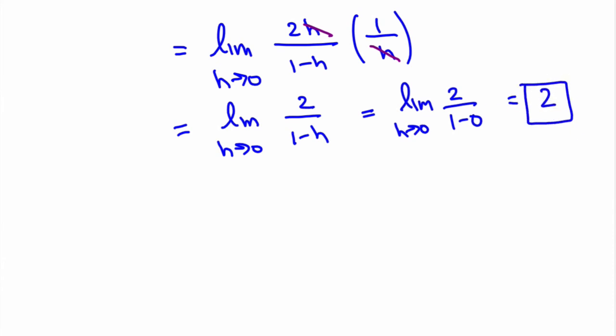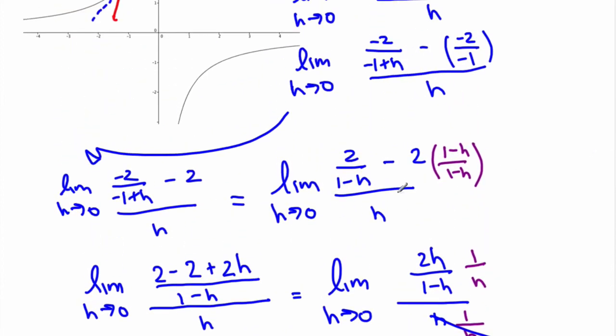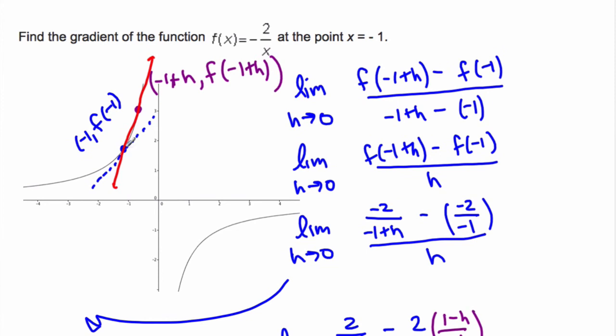Now what this says is that at -1, when the x value is -1 of this function, the slope is 2, which, yeah, it seems reasonable. The slope is definitely positive, and it looks like it's about 2. So let me re-explain sort of the steps. Really, we just have the slope formula. y2 minus y1 over x2 minus x1.